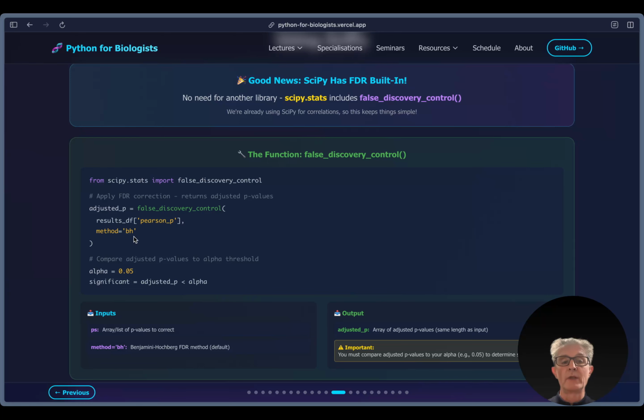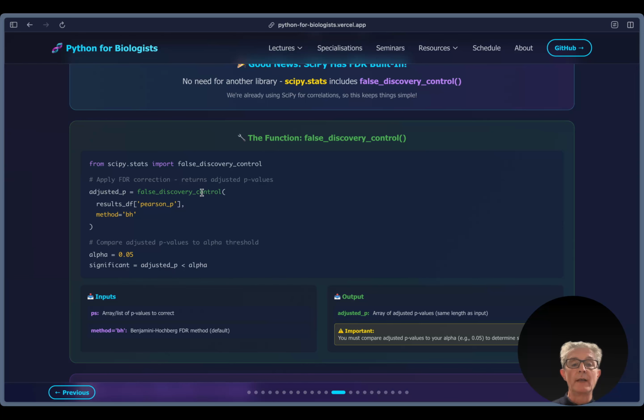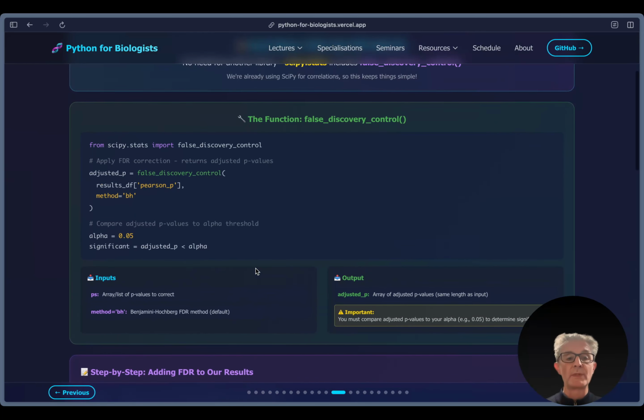The method we use is the BH method here. Now we want to set our new threshold again to 0.05, so we can say that our adjusted p-values are significant only if they are smaller than 0.05. And then we can see what happens in the output.